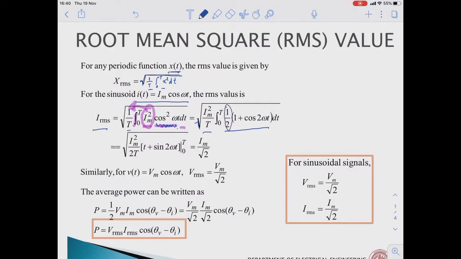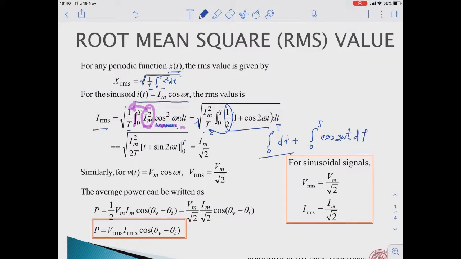The 1 over 2 is constant, so we move it out and integrate inside: the integral from 0 to T of dt plus the integral over a period of cosine 2 omega t dt.